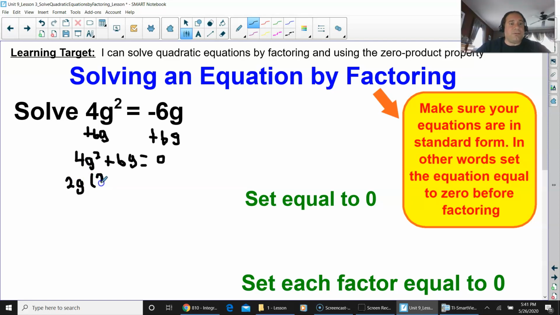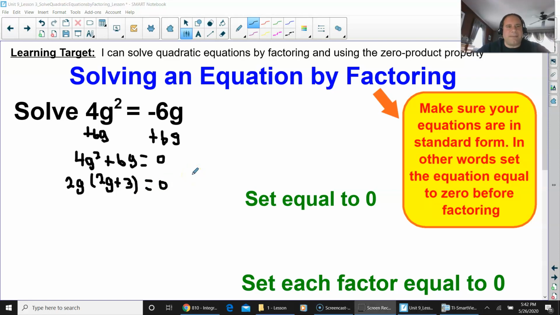So 2 times 2 equals 4, and g times g equals g squared. And that's why I'm putting 2g. And what times 2g equals 6g? 2 times 3 equals 6, and the g just comes along with it. So that's basically it, equals 0.